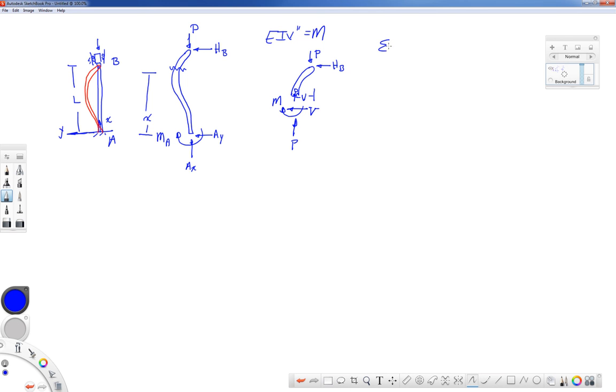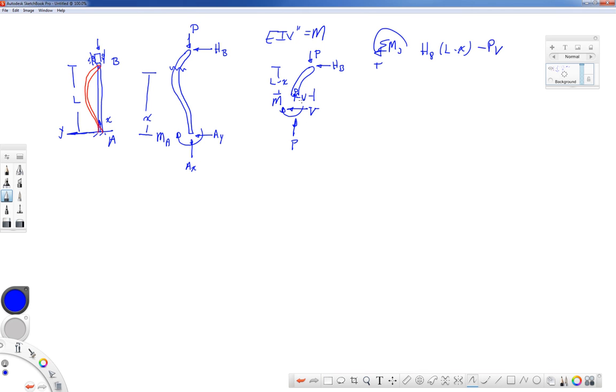And we're going to do the summation of moments about O. Let's see. We got HB times the distance, which would be L minus X. And by this convention, that'd be rotating in the positive direction. We've got little p times v, which would be rotating in the opposite direction.